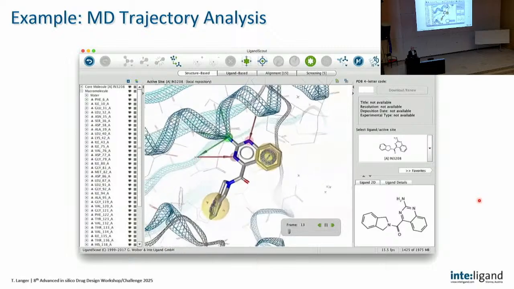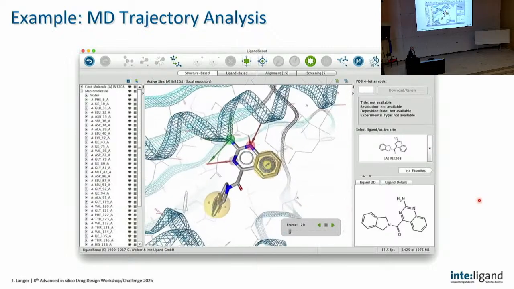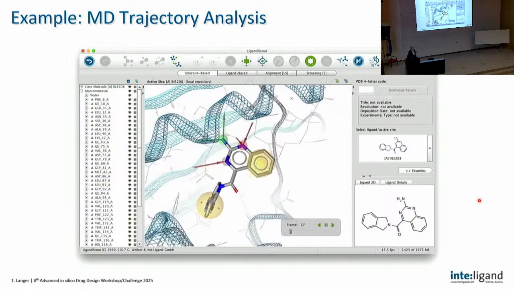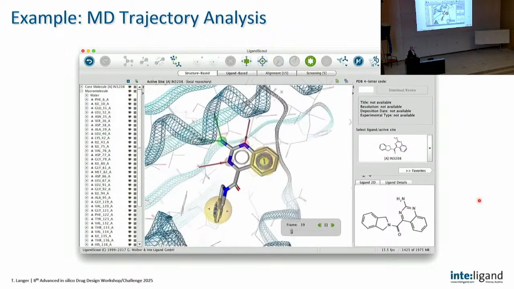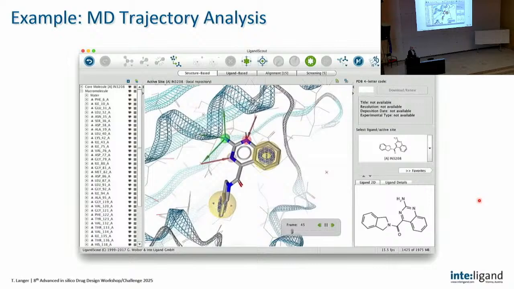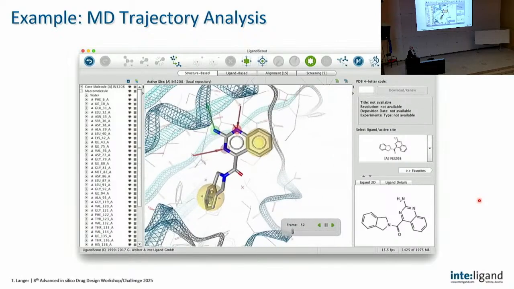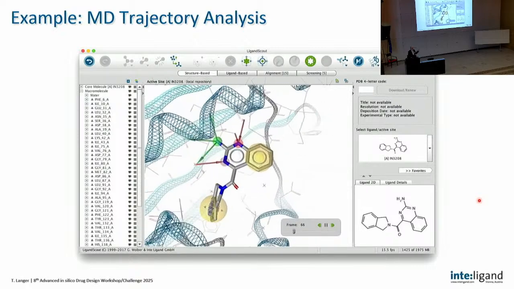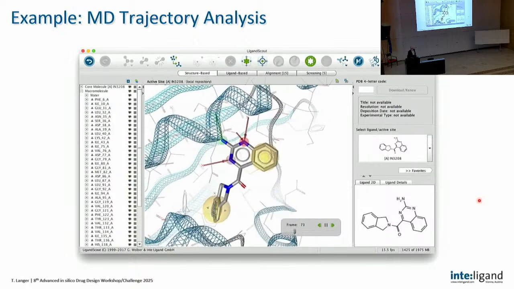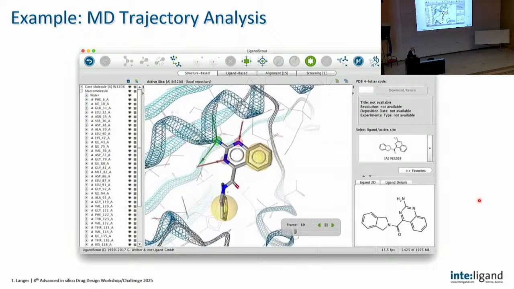For instance, you can use pharmacophores to analyze MD trajectories, a big amount of data that is very hard to analyze. It's very easy to transform this data into pharmacophore representation and then to look at the interactions. And this is an example here that our group did together with the group of Gerhard Ecker at the University of Vienna.